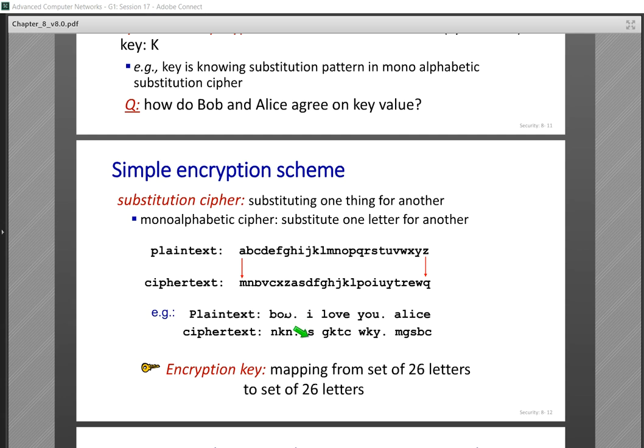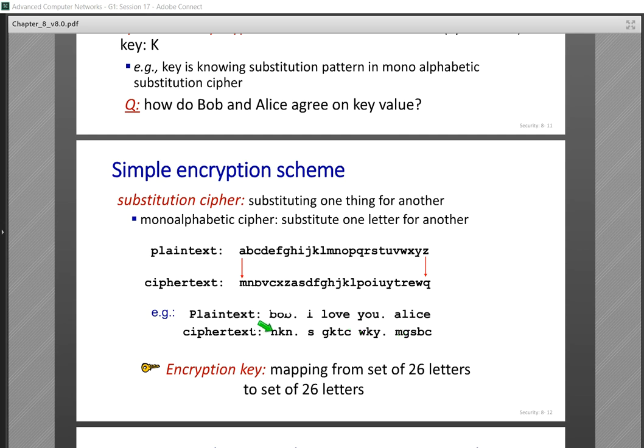For example, when I see S, I can replace it with I. Or I know that this message is sent between Bob and Alice. So NKN maybe is Bob, and MGSBC maybe is Alice. Maybe, I don't know.